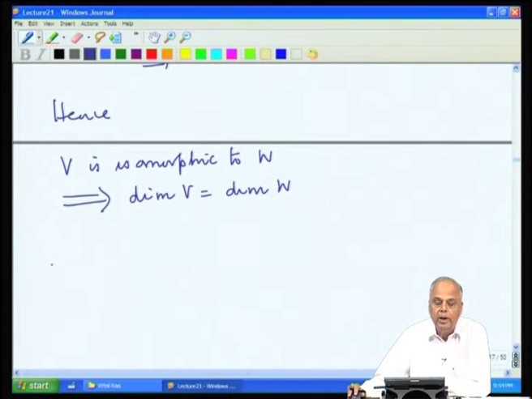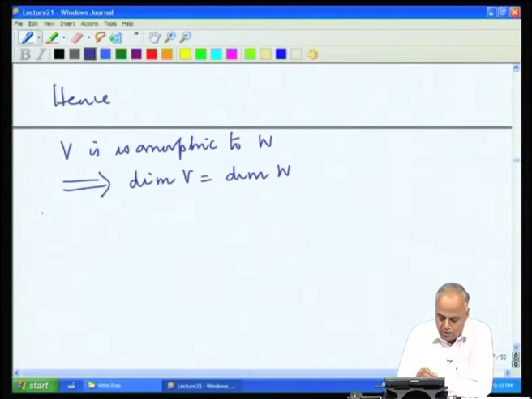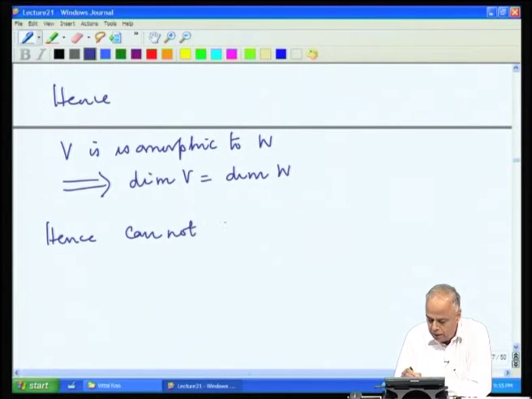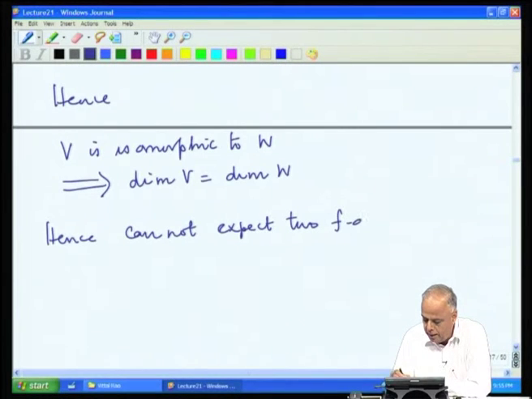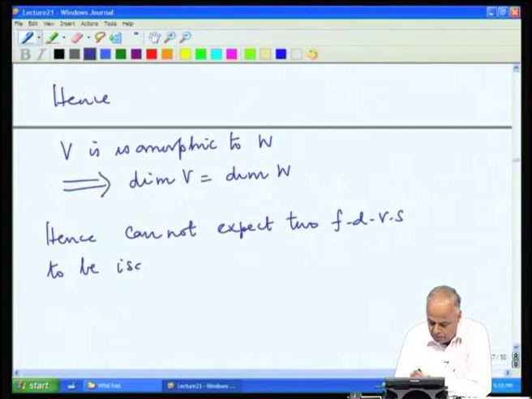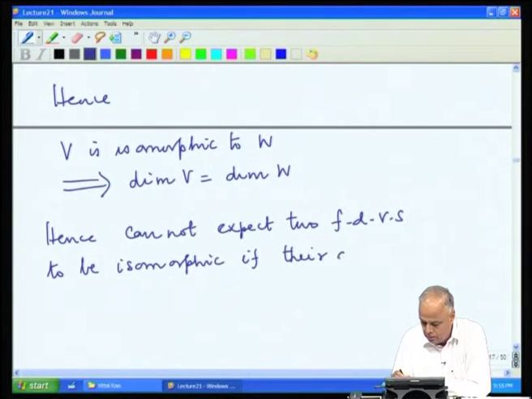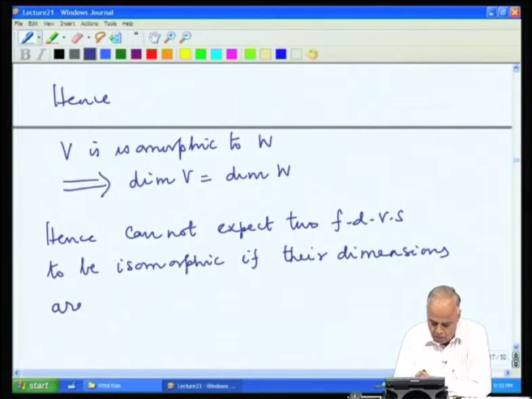Therefore, we cannot expect two finite dimensional vector spaces to be isomorphic if their dimensions are not equal.